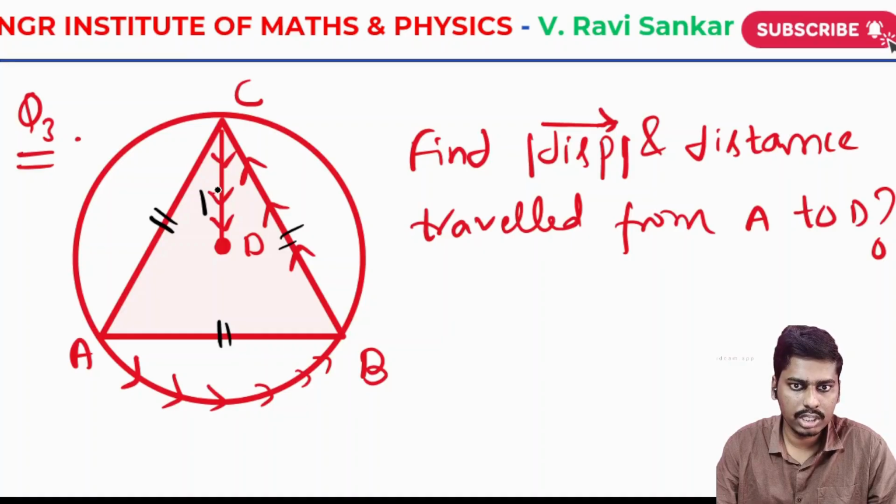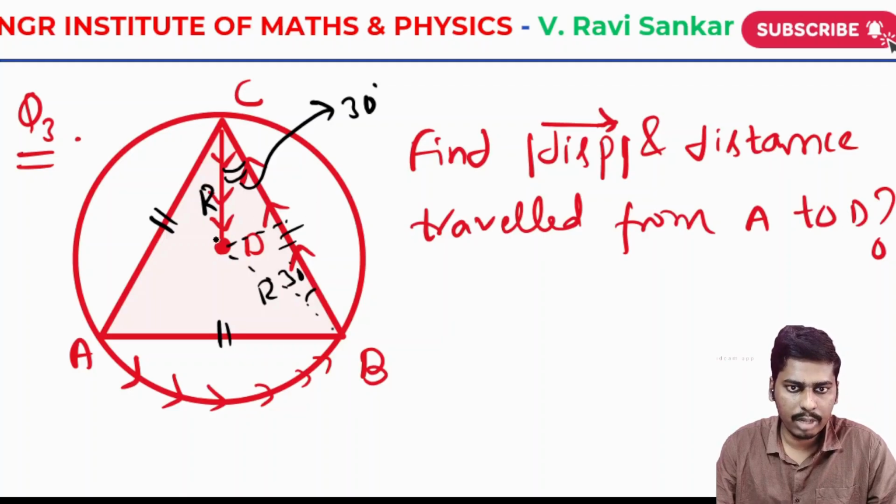This length is r, the radius, and this angle is 30 degrees. This is also r, and this angle is also 30 degrees. So when we split this into components, the horizontal component is r cos 30 degrees.